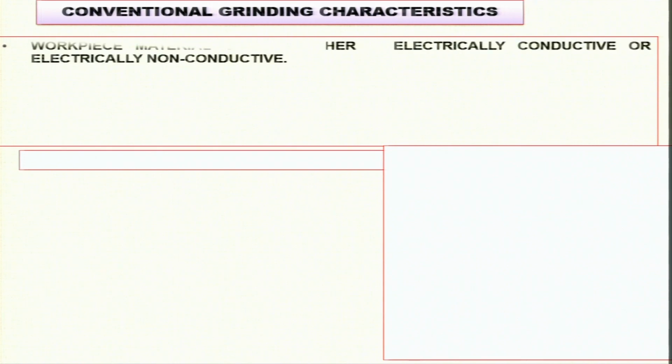Introduction. Conventional grinding characteristics that we know, but it is good to refresh them. Workpiece material can be either electrically conductive or electrically non-conductive, because there is no constraint as far as conductivity of the workpiece is concerned in the conventional grinding process.